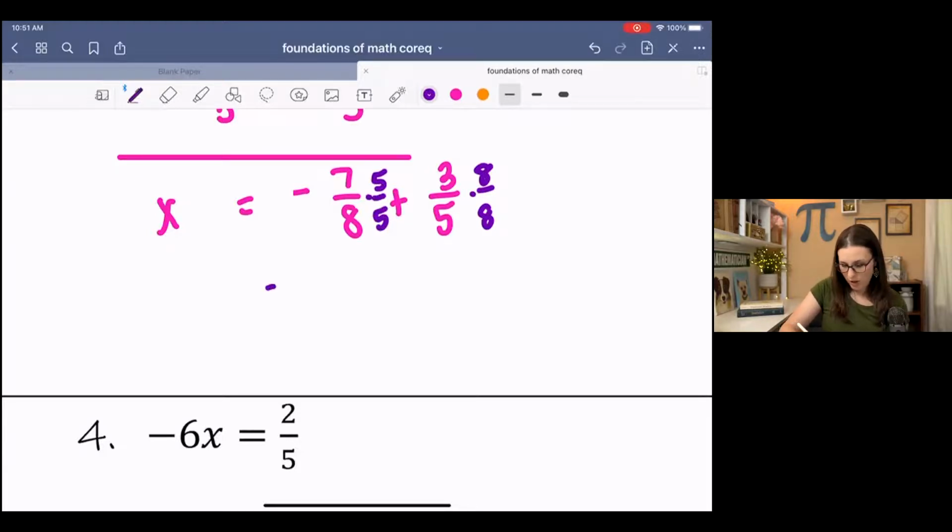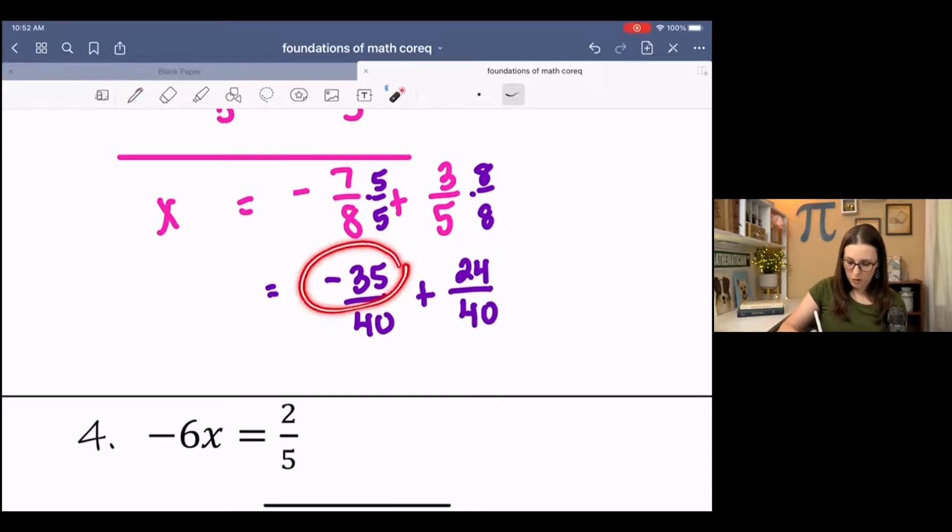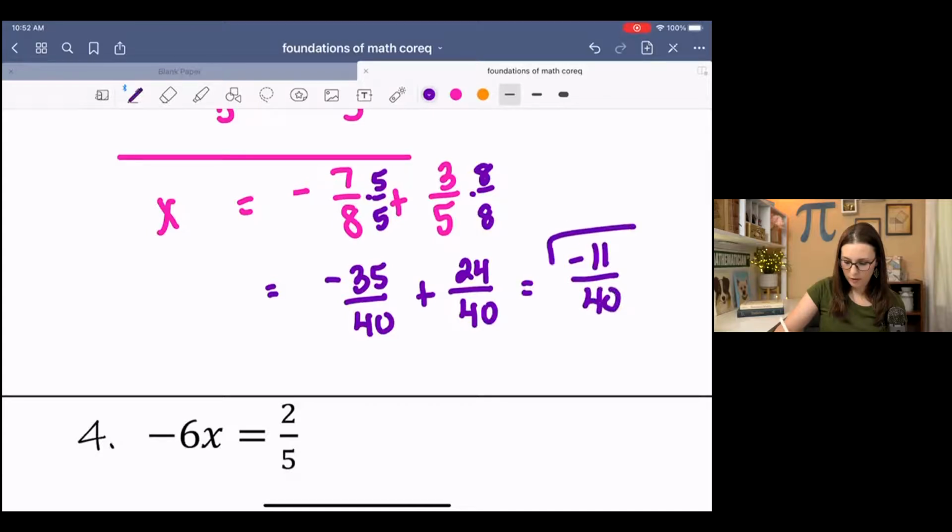And we end up with negative 35 over 40 plus 24 over 40. We do have integers here, so we're going to have to use our rules of integers. And we end up with negative, I'm going to have to switch that. Negative 11 over 40. And that's it.